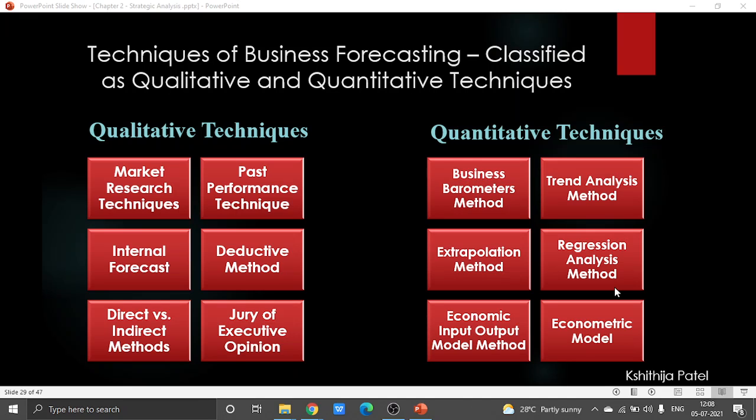This business barometer method is also called the index number method. Just as we use a barometer to measure the atmosphere's pressure, similarly in business we use index numbers to measure the state of the economy between two or more time periods.